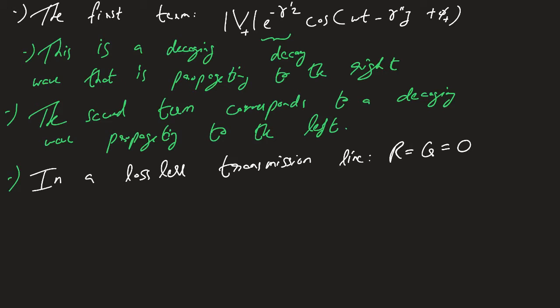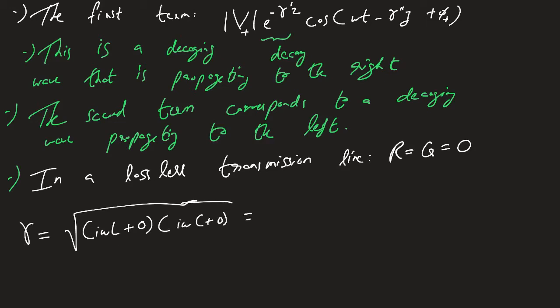So in a lossless transmission line, gamma becomes equal to the square root of iota omega L plus 0 times iota omega C plus 0. So it becomes equal to the square root of minus omega square LC. That becomes equal to iota omega square root of LC, right? So that's equal to 0 plus iota gamma double prime, because the real part is 0, it is purely imaginary.